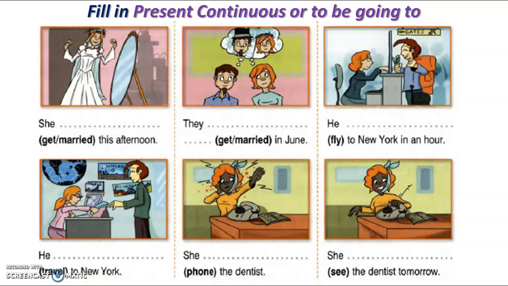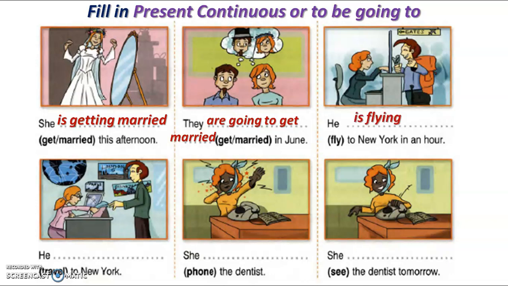Here we have the differences in uses between present continuous and be going to for future actions. She is getting married this afternoon, so it's near future, and we use present continuous. They are going to get married in June, so they are planning to do that. He is flying to New York in an hour.